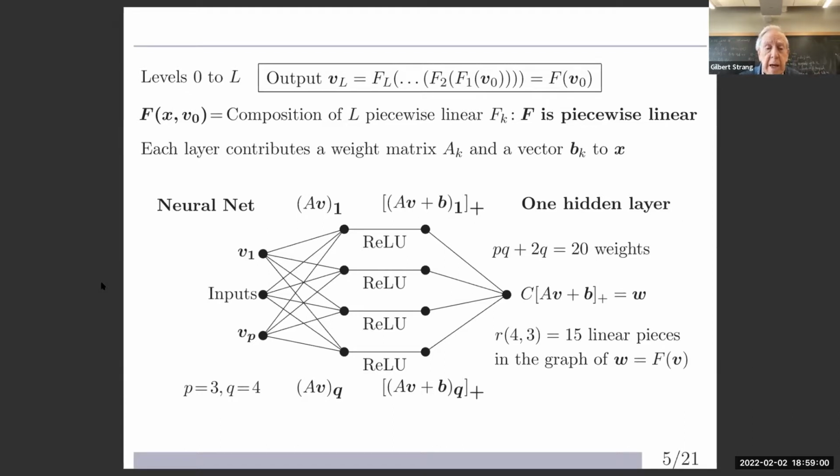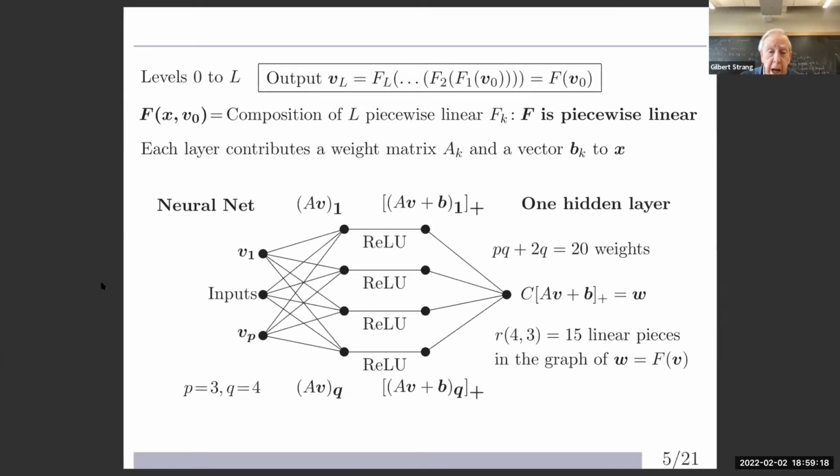So the V's are from the pixels of the image. We have an image of a number like 3, and we divide that image into pixels, and their strengths are V1 to VP.